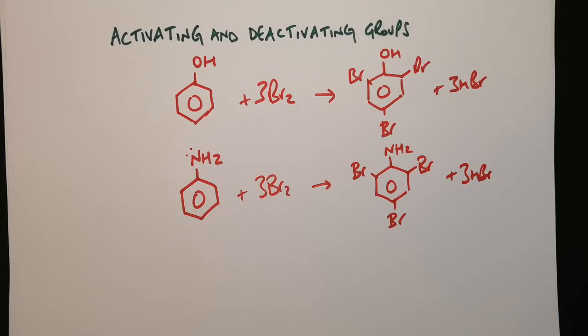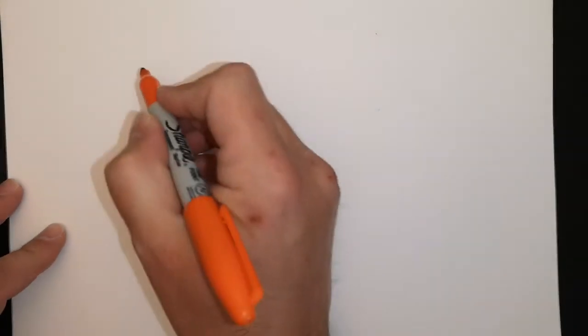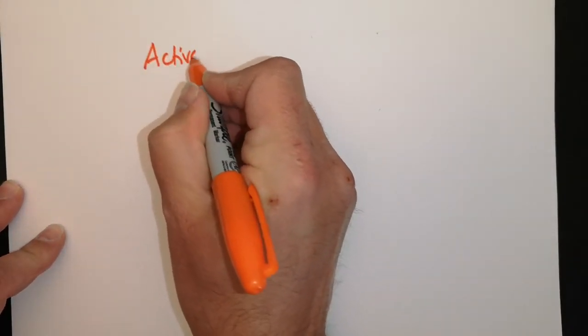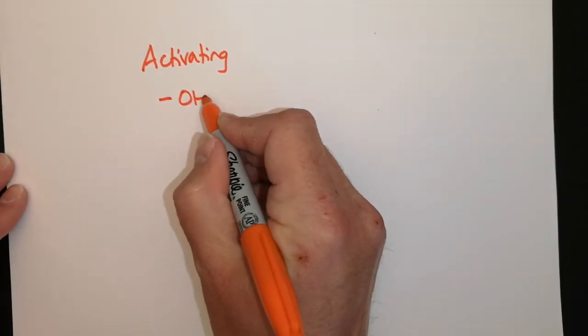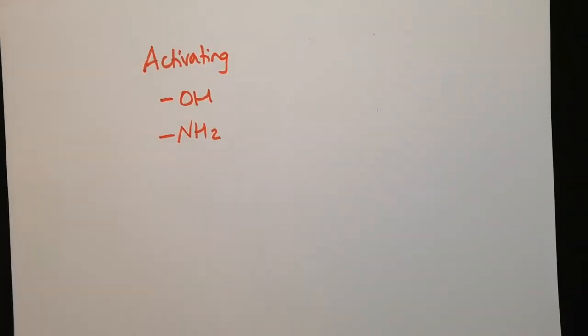Okay, so let's try and make a list of the activating and deactivating groups that you should be aware of. So activating, remember these are ones that make the benzene ring more reactive, would be the OH and the NH2. Now they are the two that you need for the A level, but there are also a couple more that you may see, but they won't necessarily expect you to remember.